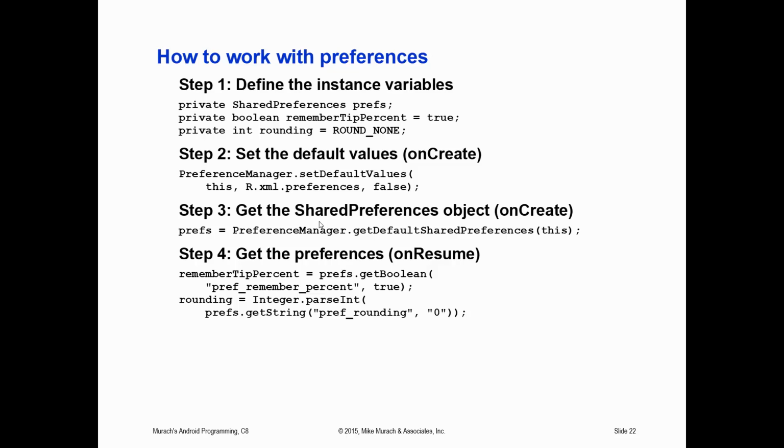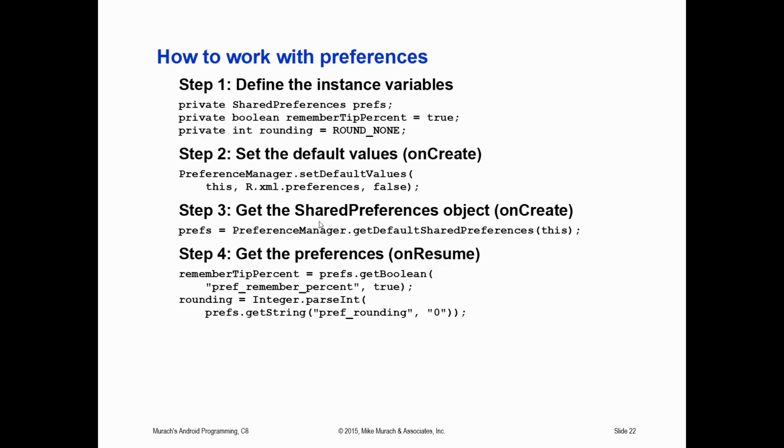The second example shows how to use the default values in the preferences file the first time the app starts up on a device. The third example shows how to use the shared preferences object. The fourth example shows how to get the values of the preferences from the shared preferences object. The first statement calls the getBoolean method and passes the key for the remember tip percent preference.